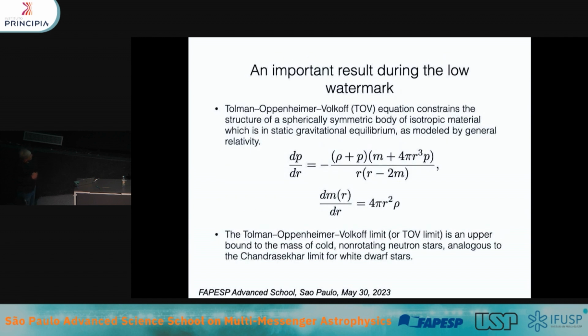And one important result during the low watermark was the development of the Tolman-Oppenheimer-Volkoff equation, which clearly showed what could be expected in terms of stellar evolution. This equation essentially puts a limit on compact stars that are heavier than 1.3 solar masses, which is the Chandrasekhar limit for stars to become white dwarfs.